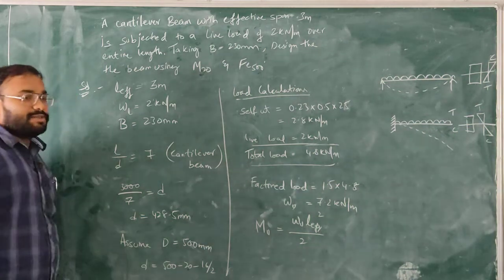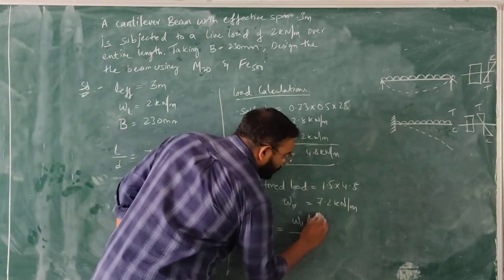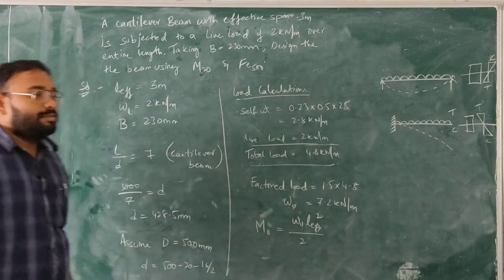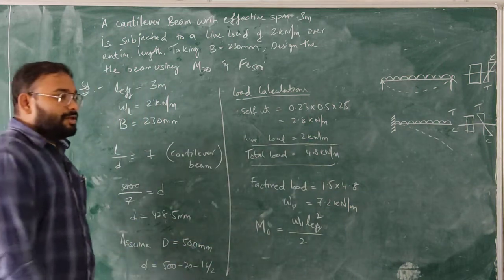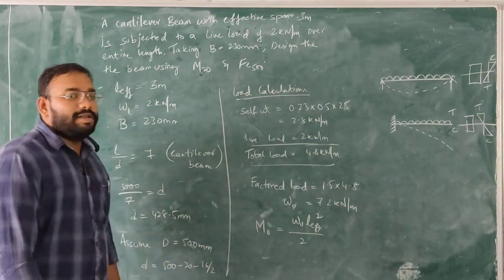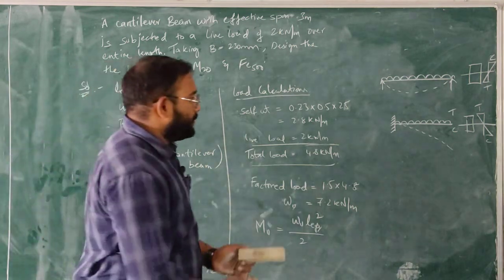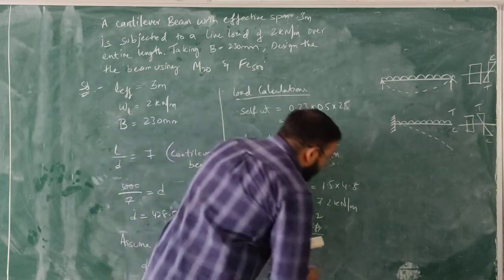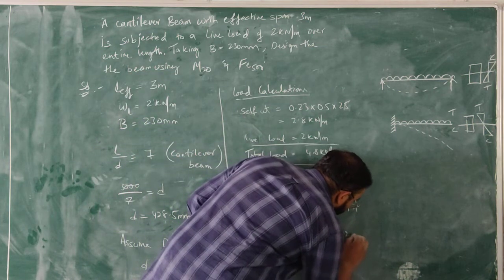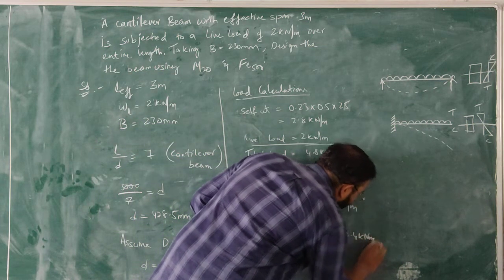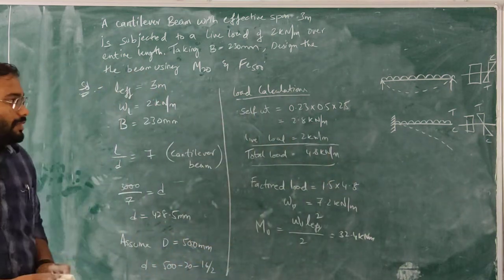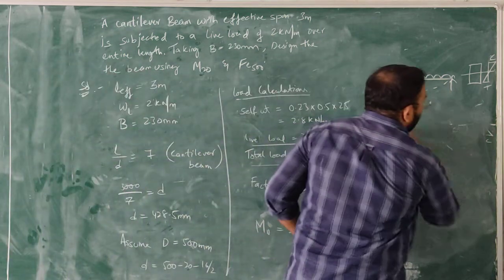Why 2 here? Because this is a cantilever beam. So this comes out to be 32.4 kilonewton meter.